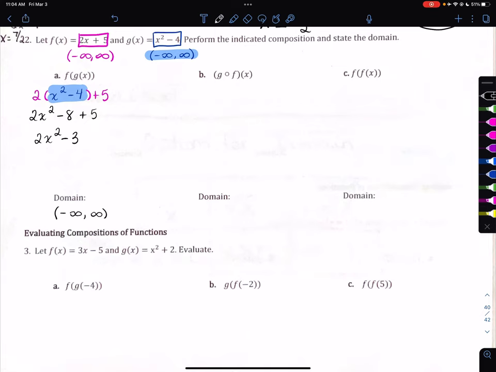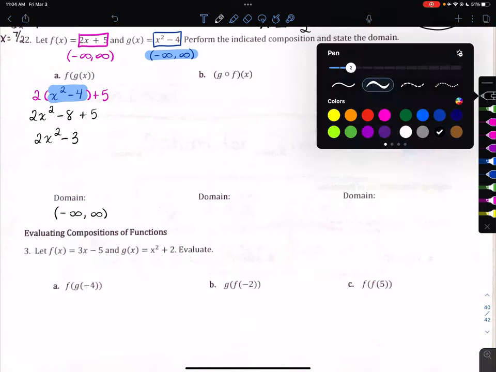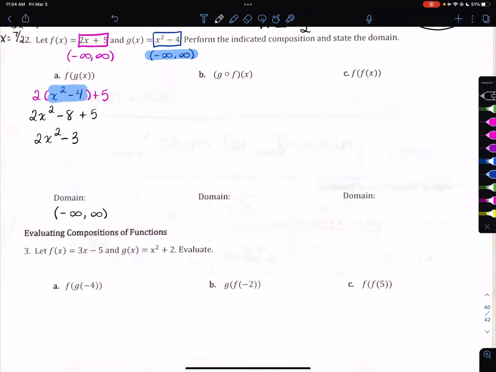All right, let's go on then, and let's do 2B together. 2B, if you want, you can rewrite this as g of f of x. The g of x equation is on the outside. The f of x equation is what's going to be substituted on the inside.